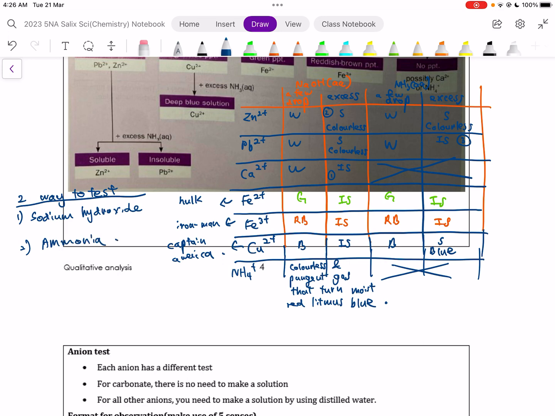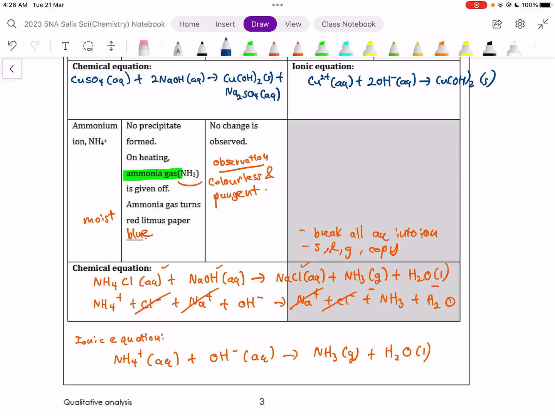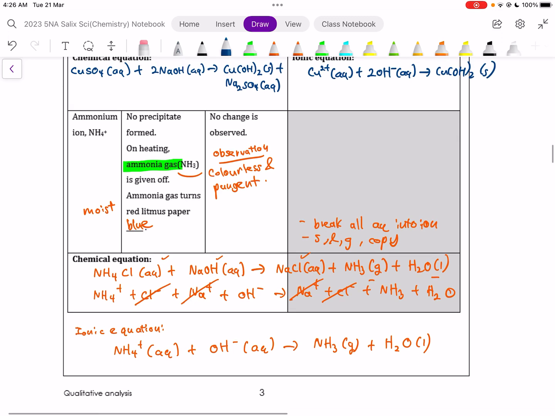Most of the time you get colored precipitates, except for when it's the ammonium ion. For that one you get a colorless and pungent gas, and that is the only exception. You are doing ammonium salt and alkaline reaction.